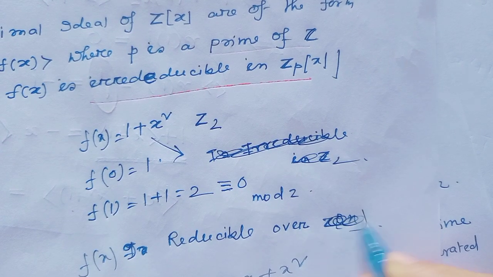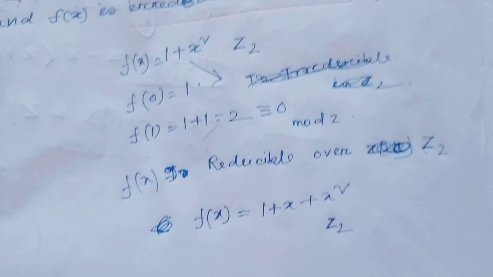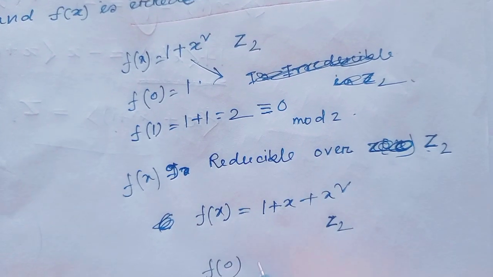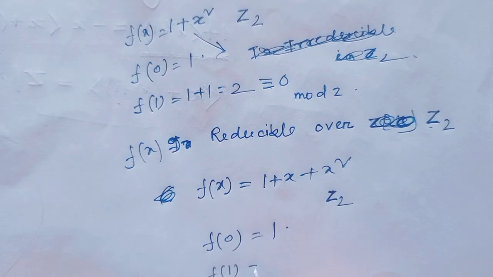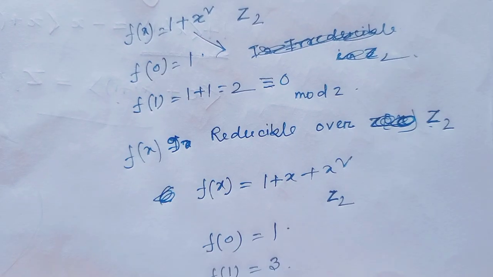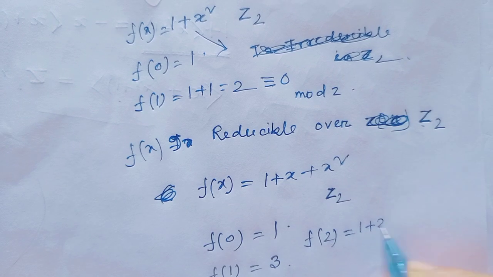In Z2, f(0) equals 1. f(1) equals 1 plus 1 plus 1, 3.